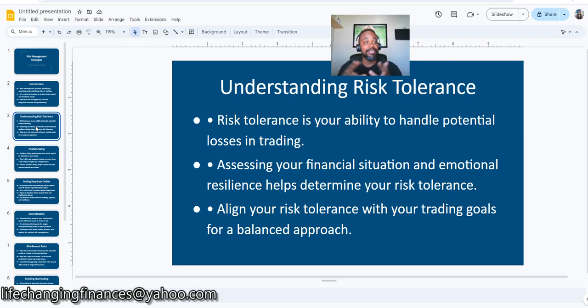Now, understanding risk tolerance, right? Risk tolerance is your ability to handle potential losses in trading. Assessing your financial situation and emotional resilience helps determine your risk tolerance. Now, align your risk tolerance with your trading goals for a balanced approach. Very, very important, having a balanced approach.